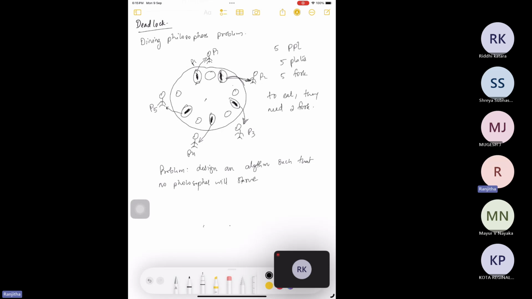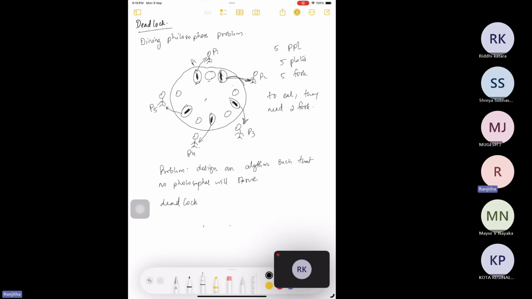The situation of nobody proceeding, all of them stuck at a point: P1 can proceed only if P2 releases, but P2 is also waiting for P3 to release, and P3 is also waiting, P4 is also, so it's in a loop. All of them are waiting for the resource present in the other one's hand. So the situation is called a deadlock situation.